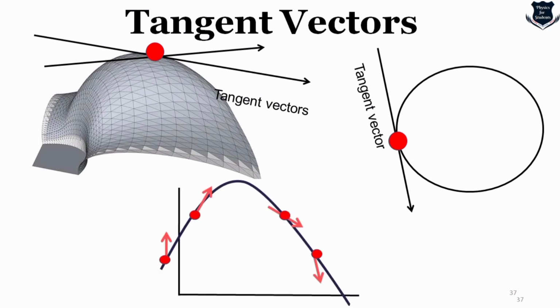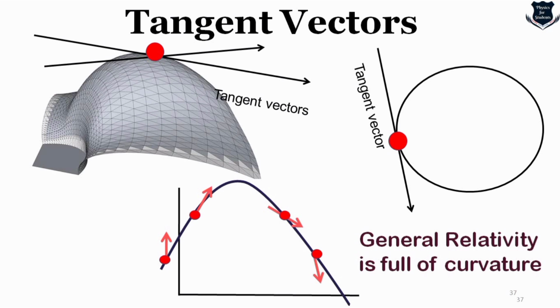So what I'm trying to tell you is that tangent vectors are described in differential geometry in the context of curves in Rn. Because all these are curved, we need tangent vectors in order to calculate. And most importantly, the general theory of relativity is full of curvature. So it first starts with a basic need. Yes, we need tangent vectors.